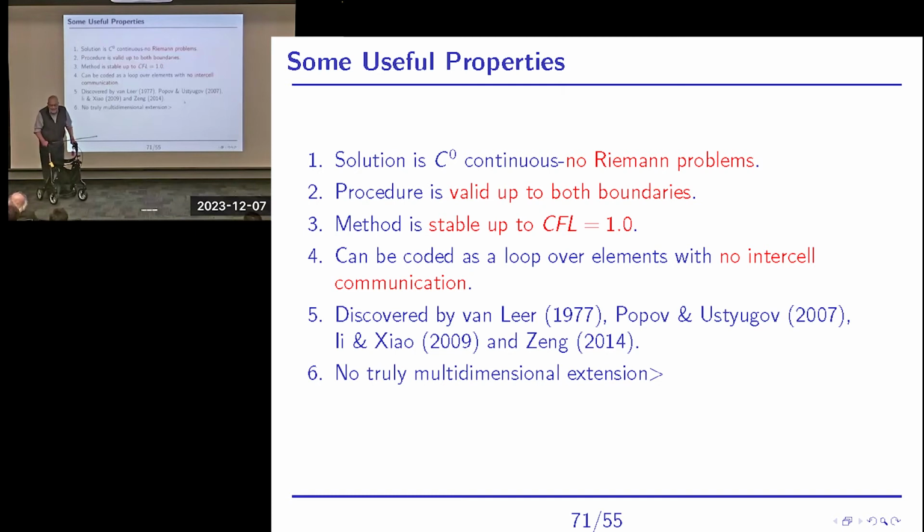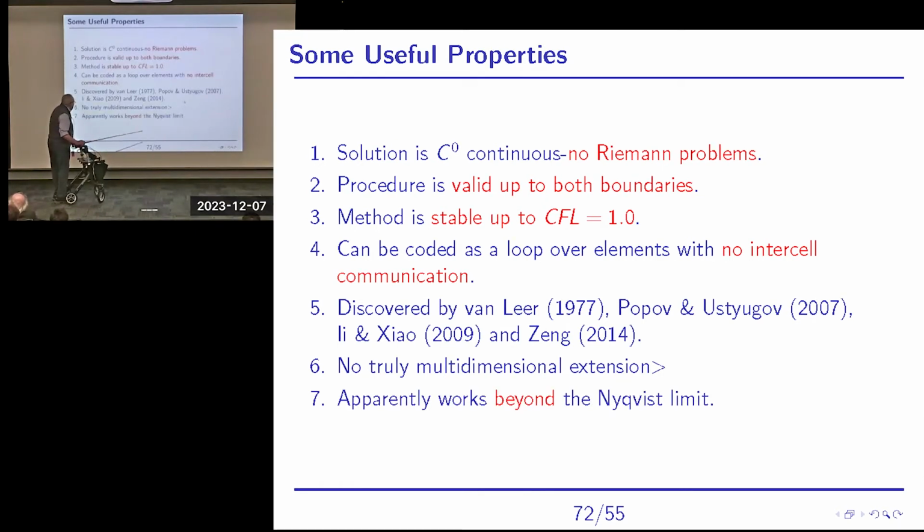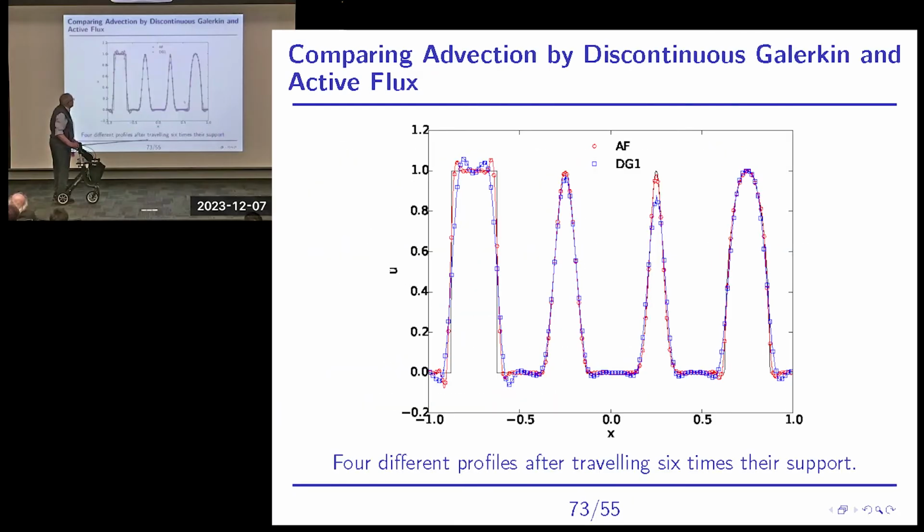They didn't want to get this complicated. It's not that complicated. And it does apparently work beyond the Nyquist limit. Those diagrams I showed you hint as though they're going to go past pi. They don't really do it, but it's promising.